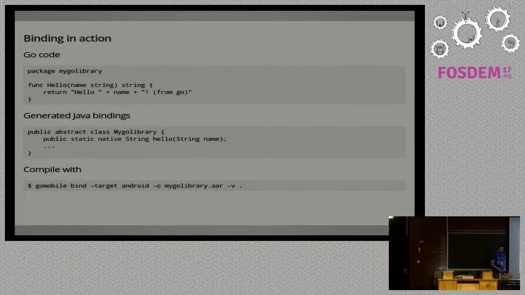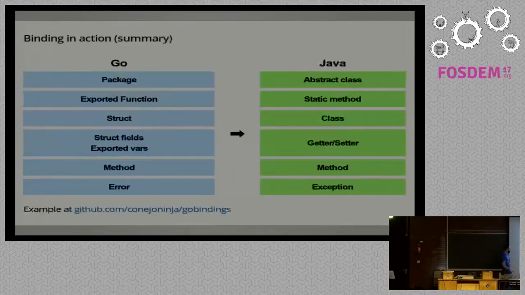So let's see some example code. Your Go code is quite simple here. You just have a package named myGoLibrary with a function named Hello that will receive some parameters. The generated Java binding is a class myGoLibrary, as we said before.